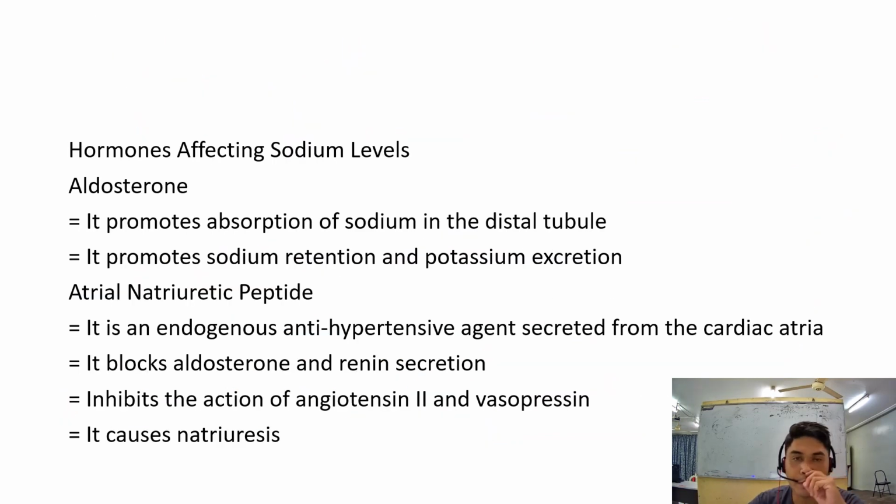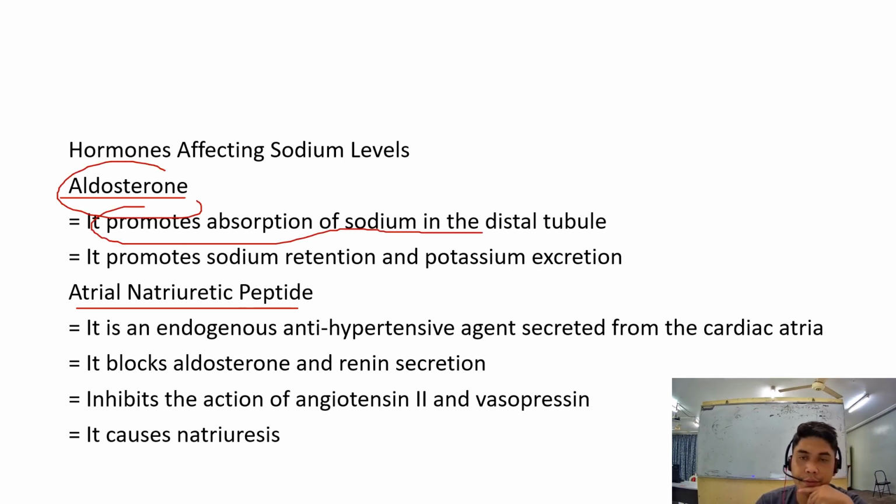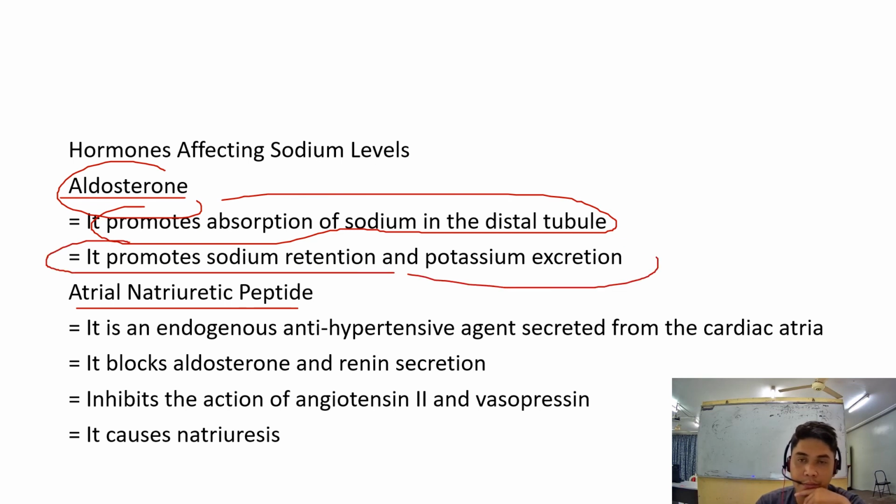Next, you have the hormones affecting sodium levels. First is aldosterone, and second, atrial natriuretic peptide. Aldosterone promotes absorption of sodium in the distal tubule, and it promotes sodium retention and potassium excretion.